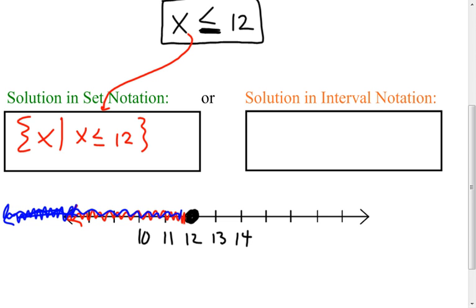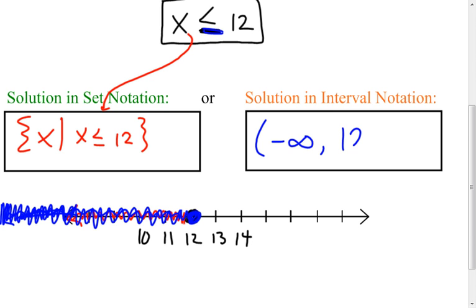So from the left, I'm shading from negative infinity. Whenever you use infinity, you're always going to enclose it with a parenthesis and then a comma. So I'm shading from all the way down here, which is negative infinity, and I keep moving to the right until I get right here at 12, and I can include exactly 12 in this case because it's underlined. So because I can include exactly 12, I will close that with a bracket. If it's underlined right here, it will be a bracket over here.